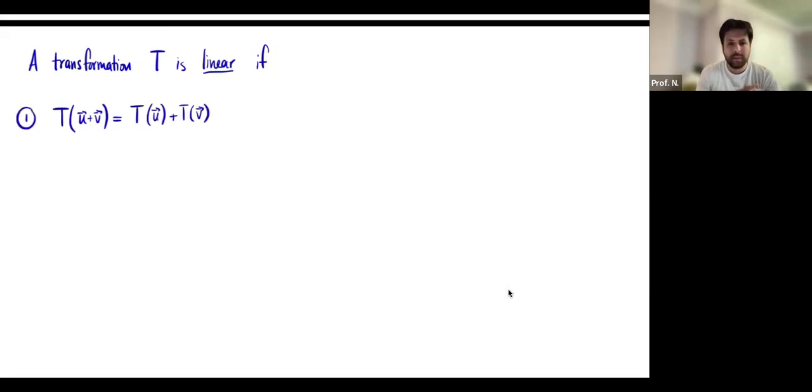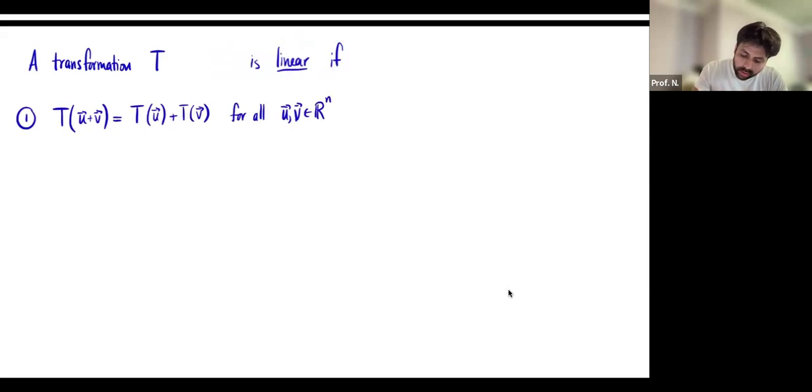This is one of the first properties. It must hold for all U, V in R^n. Let me just include that information here. We have a transformation that takes things in R^n and maps it to things in R^m, right? That's the notation we use.